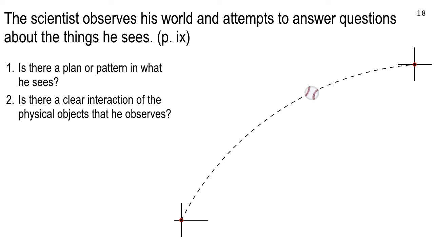Is that interacting with something? All those football players were interacting, and hopefully all the interactions work out so that the offense gets a first down or a touchdown even. All right? So you want to try to understand your interactions. What's the baseball interacting with that produces this ballistic path?